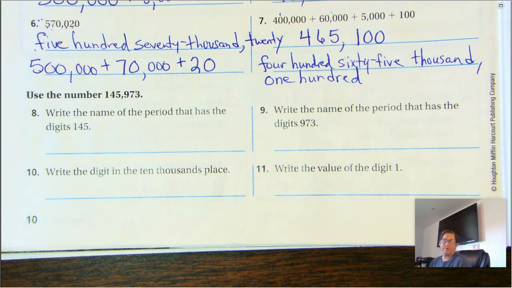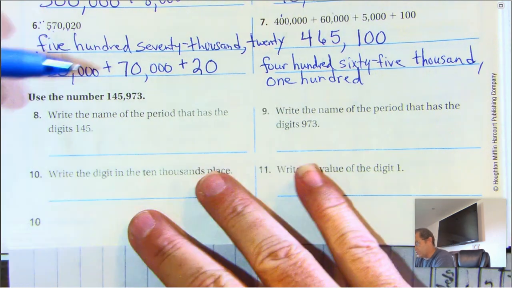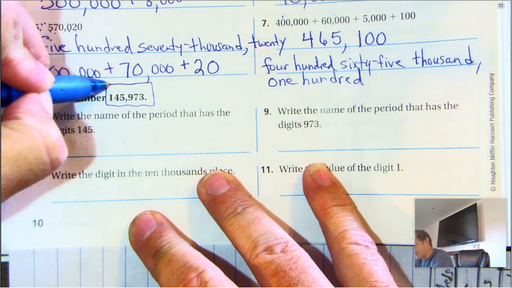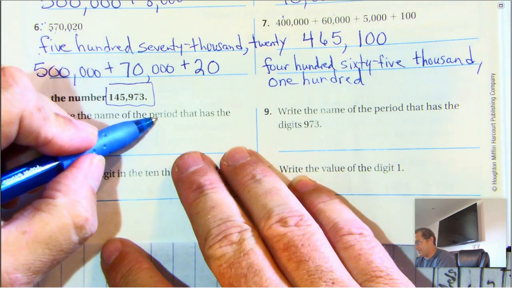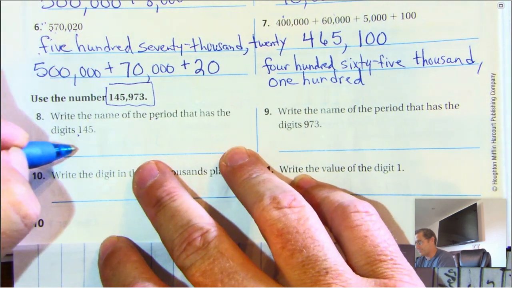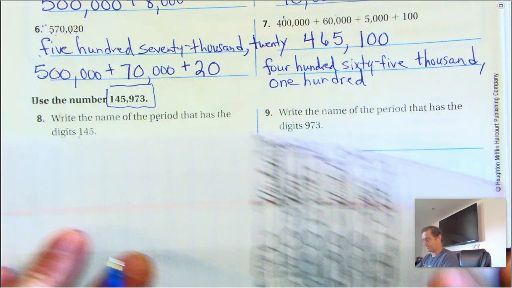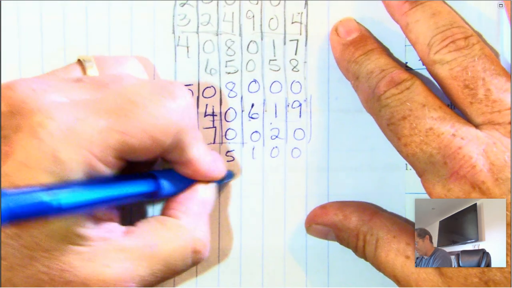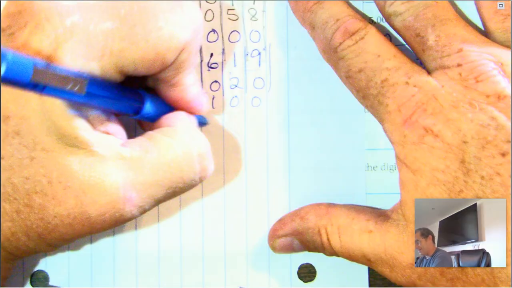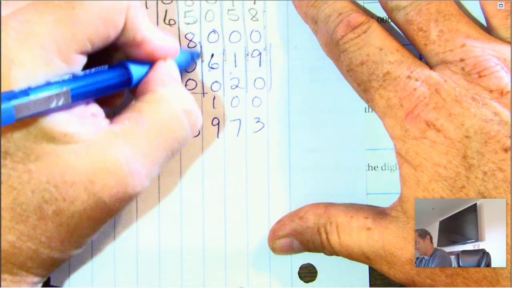Write the name of the period that has the digits 1, 4, 5. So we're using this number here, and it wants to know the period for the 1, 4, 5. If we have to use our place value chart, we'd have 1, 4, 5, 9, 7, 3.